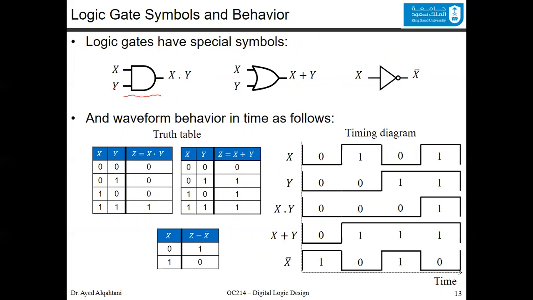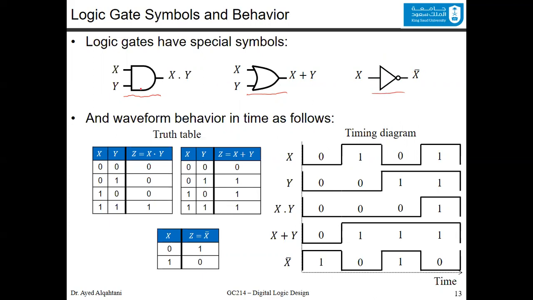We have the two inputs here, X and Y, and it's generating the output X ANDed with Y. This is the OR symbol, X and Y are also the inputs, and it generates the output X or Y. And this is the symbol for the NOT. The X here is the single input, and there is a single output, which is the X bar.